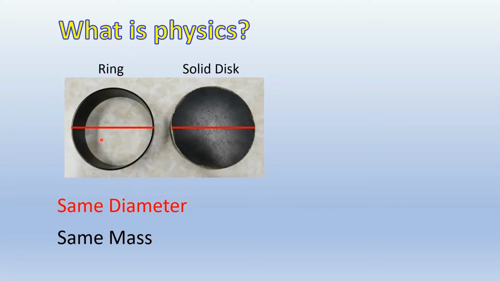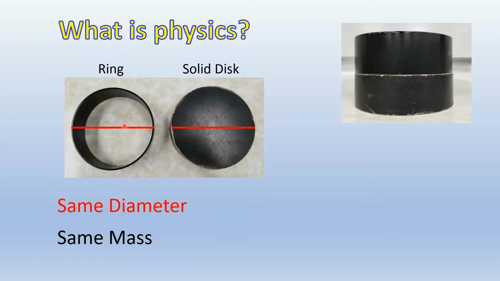So you may wonder, how can an open ring have the same mass, or you could say the same weight, as a solid disk? Well, the ring is made of metal and the disk is made of wood, so the high density of the metal compensates for the lower volume. Here's just another picture so you can see the similarities.